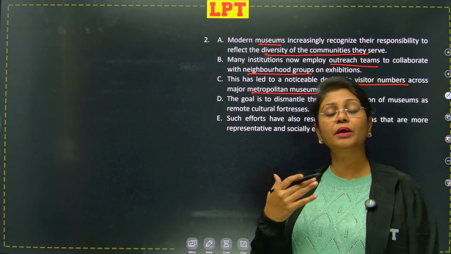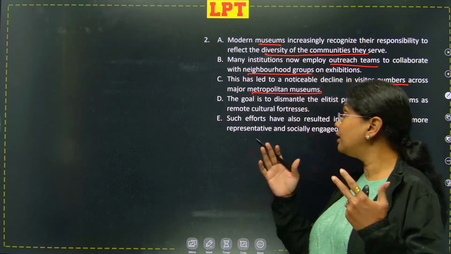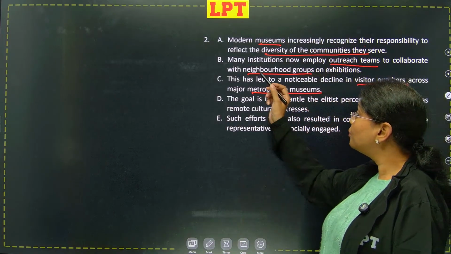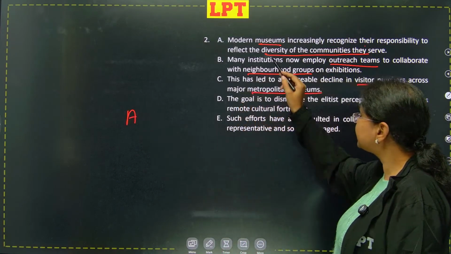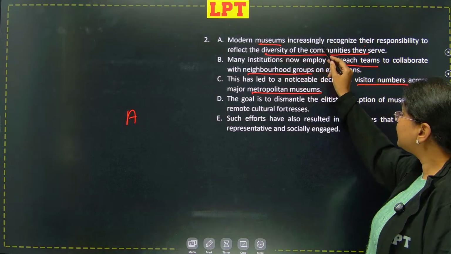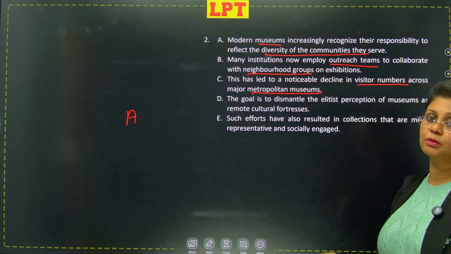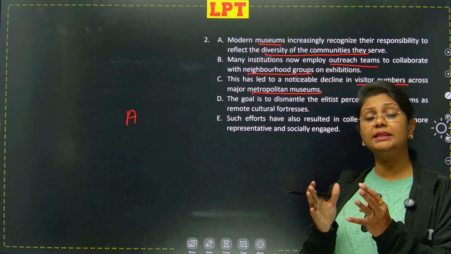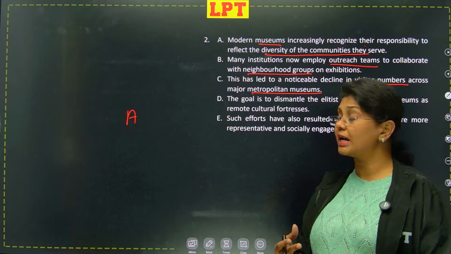So if you look at these sentences and figure it out from all the context here, most probably A is the statement that starts. It says modern museums increasingly recognize their responsibility to reflect the diversity of the community they serve. So it gives you an agenda, a topic of discussion here.